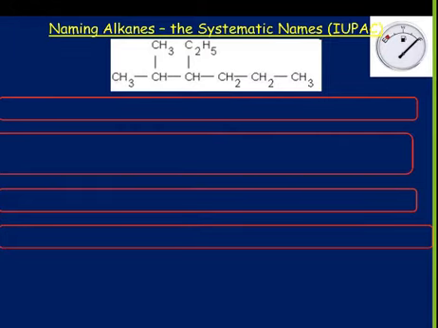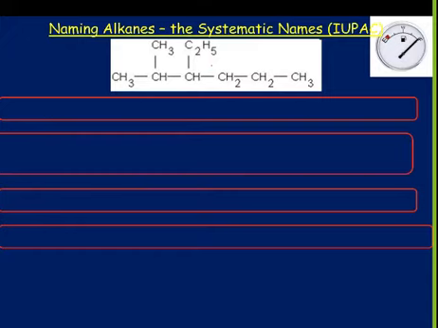So whichever way you look at it, how many carbons do I have? 6. Have 6. So what's the ending of the name going to be? 6 carbons makes it what? Makes it hexane.